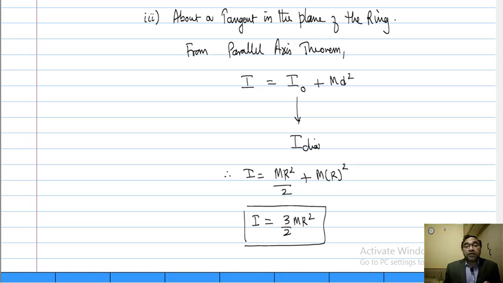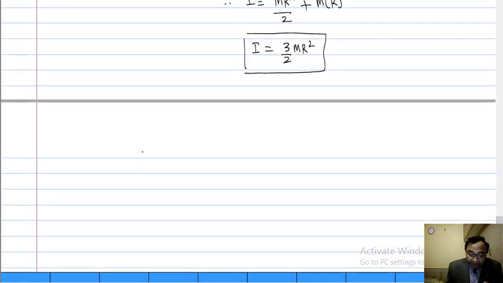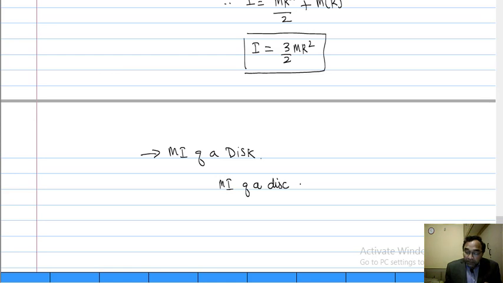On similar lines, let me take the moment of inertia of a disc. We know the moment of inertia of a disk about the central axis is m r square by 2.